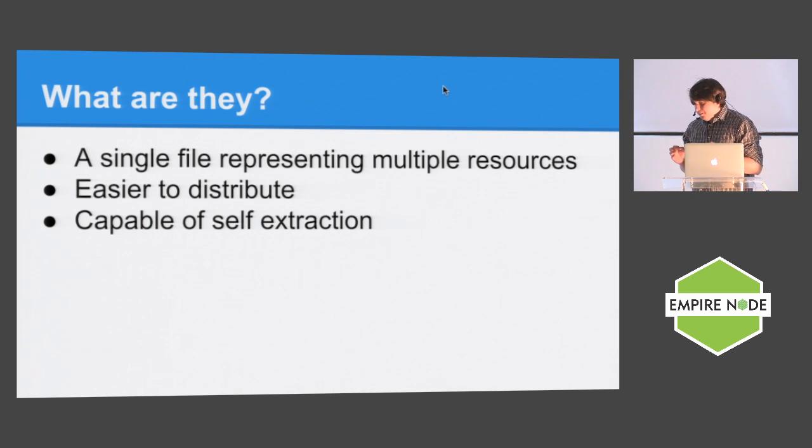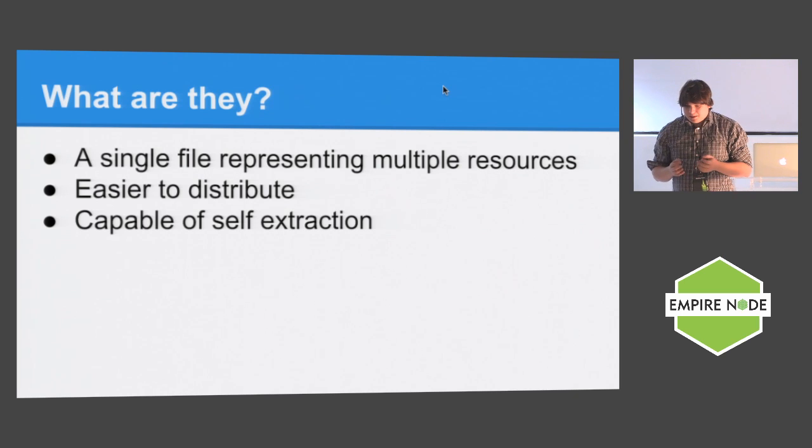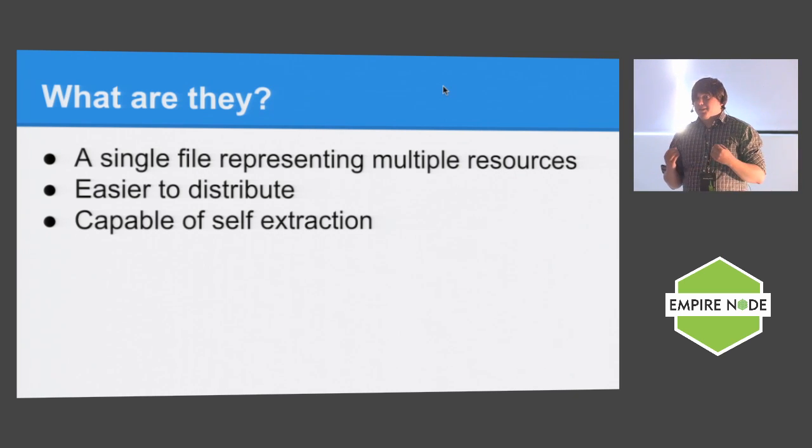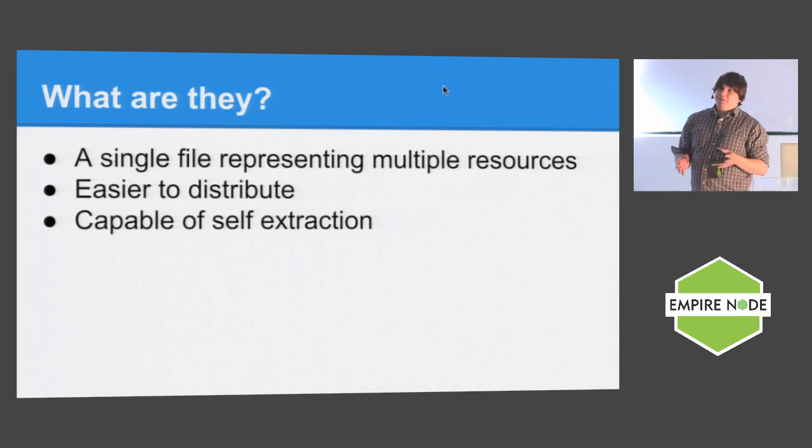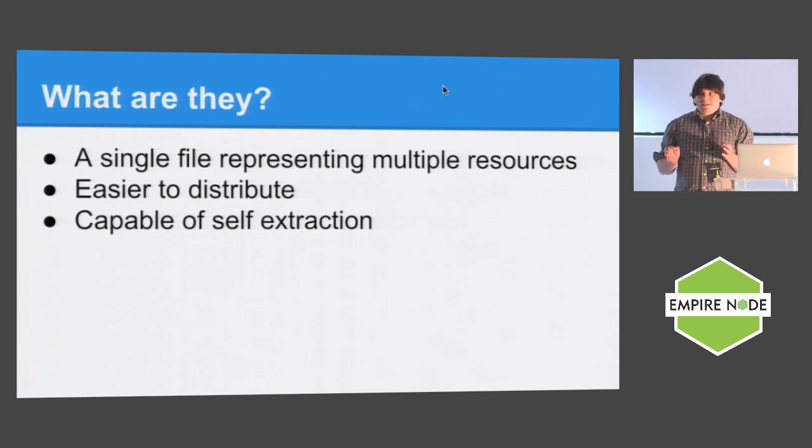So what are we talking about when we're talking about the archive loader, as I'm going to call it? We're talking about the ability, essentially, to have what Java has with jar files. Now, people may dislike Java as a whole, but their ability to distribute applications is currently much better than Node.